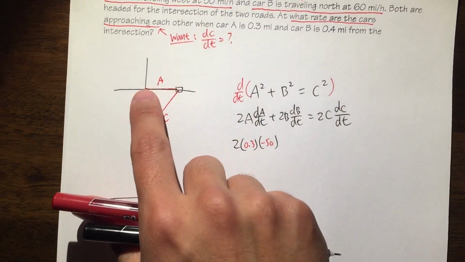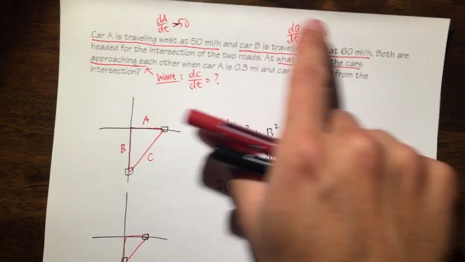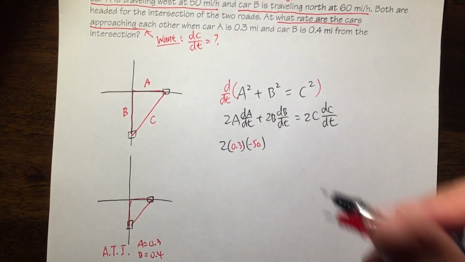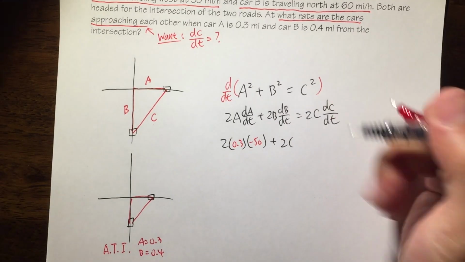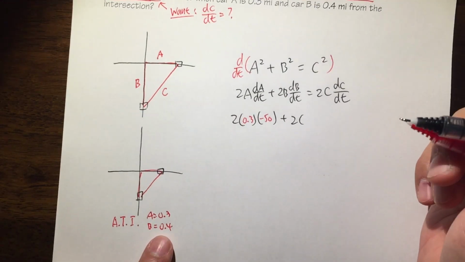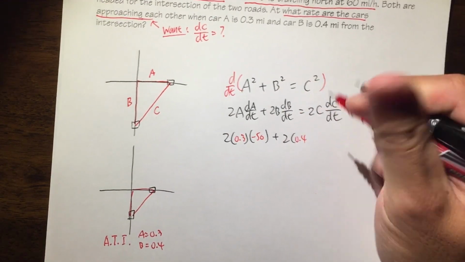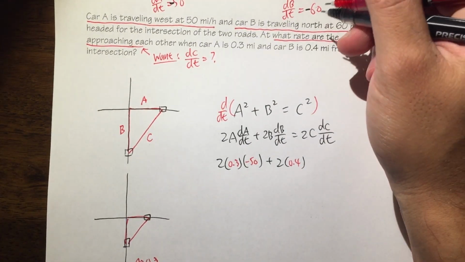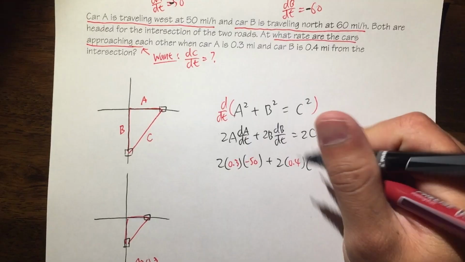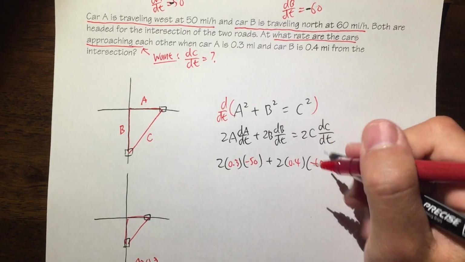And if the distances are getting shorter, that's why we have the negative rate. All right, then we continue. Plus 2, and then the b is 0.4. Let's put that down. And then dB/dt is negative 60. So let's write that right here.